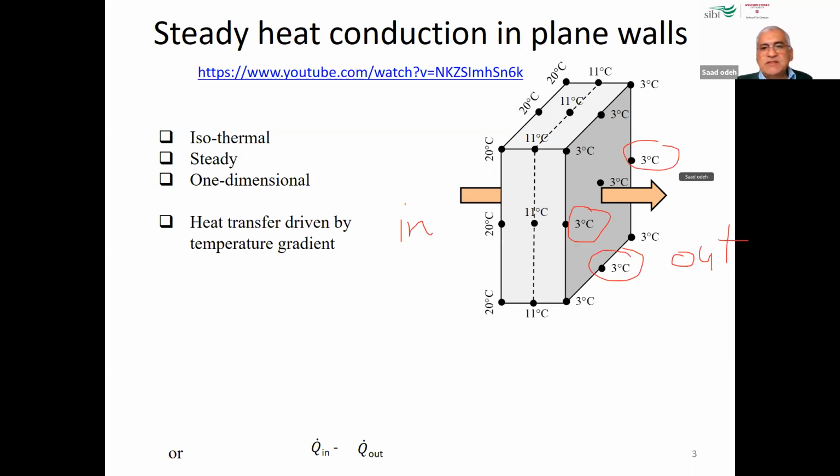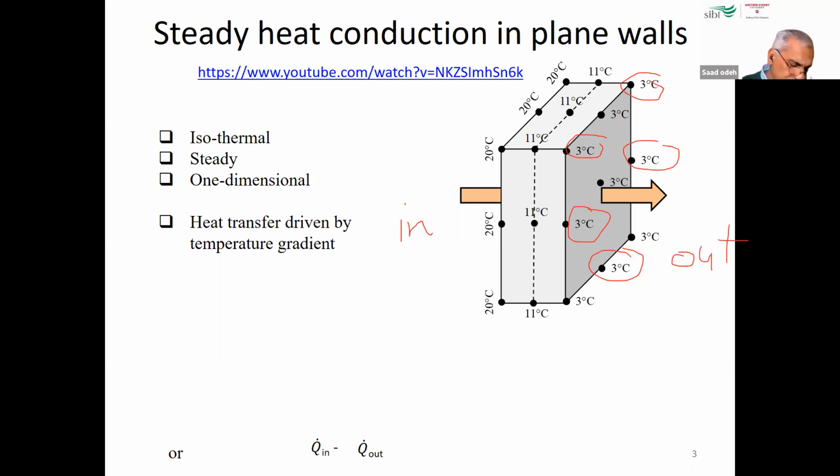And as you can see, the temperature of the wall is 3 Celsius. If you take any point on the outside surface, we will measure the same temperature all around the wall. So 3 Celsius everywhere on the wall. If we have this type of distribution of temperature, which is an equal distribution, then we call this condition steady heat conduction, because the temperature is constant anywhere on a certain side.